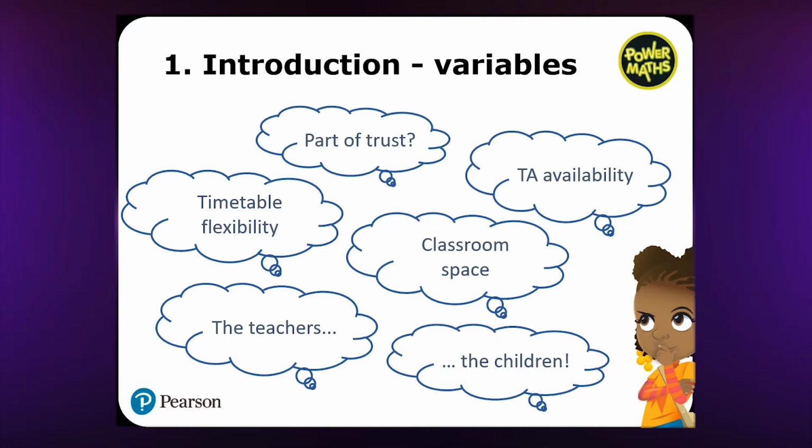It may be, for instance, that the trust is giving a particular steer to schools on what they advise for mixed age teaching. Whether the school has got full control over their timetable is a difference that I've met, talking to teachers. The different space in the classroom might make a difference to the approach that you take.